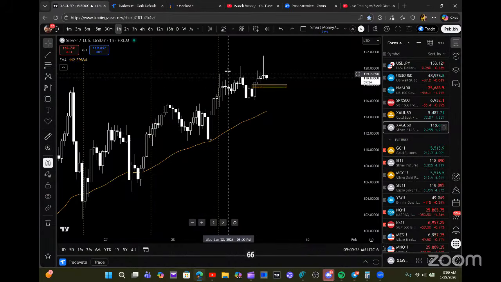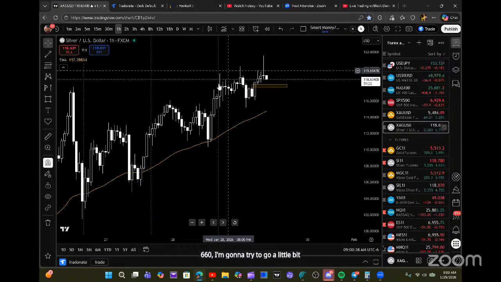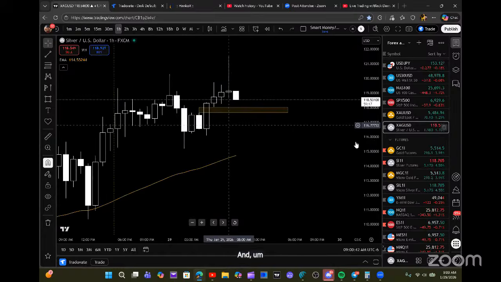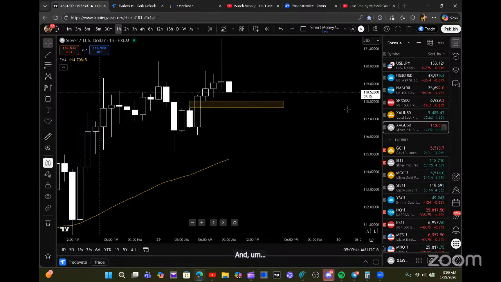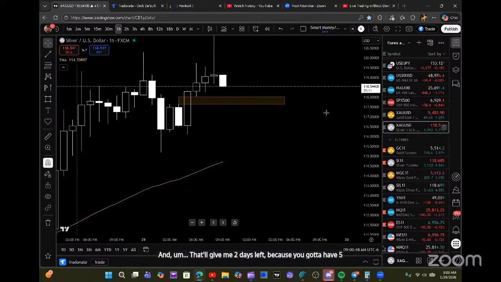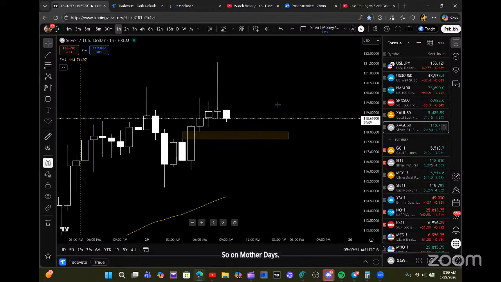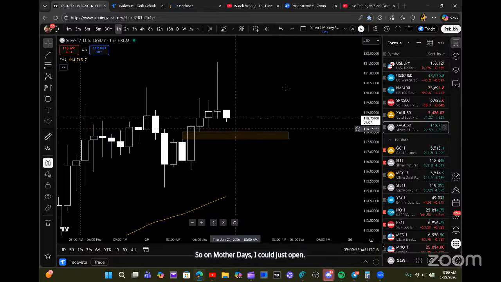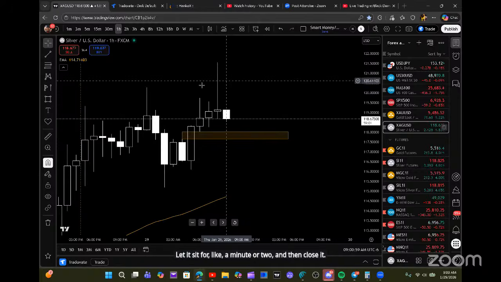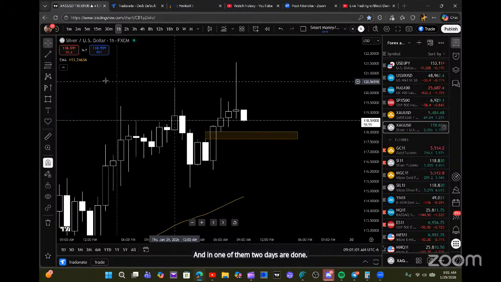I'm gonna try to go a little bit over that, and that'll give me two days left because you gotta have 5 trading days. So on the other days I could just open with like 1 micro, let it sit for a minute or two, and then close it. And then once them 2 days are done, I'll have my funded.